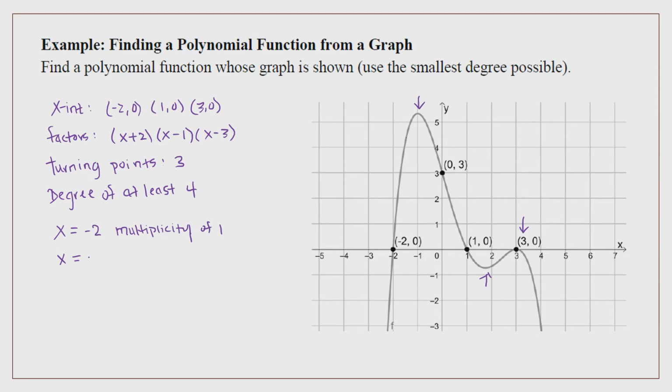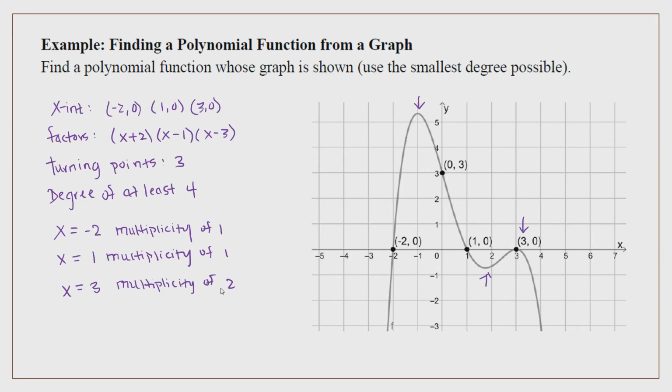X equals 1 is also going to have a multiplicity of 1 because the graph also crosses at that x. And then x equals 3 is going to have an even multiplicity, so we'll give it a multiplicity of 2. And that's because it bounces, or touches, the x-axis at that x value.